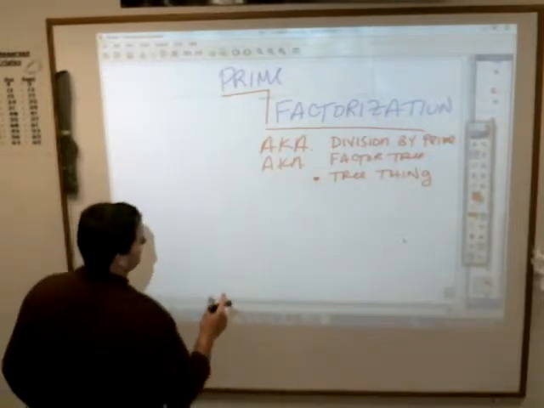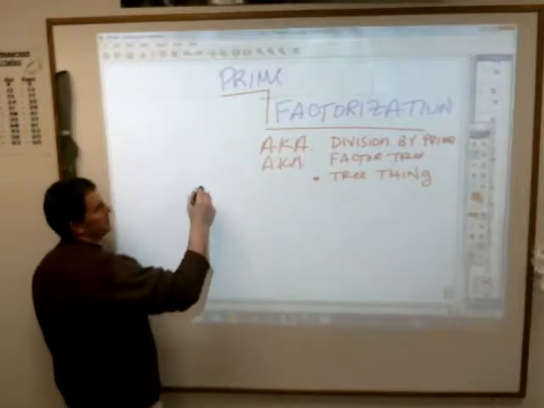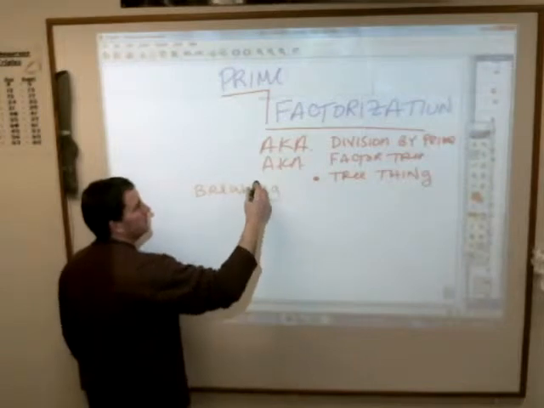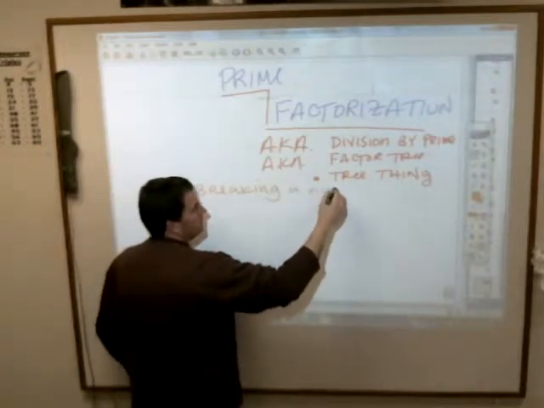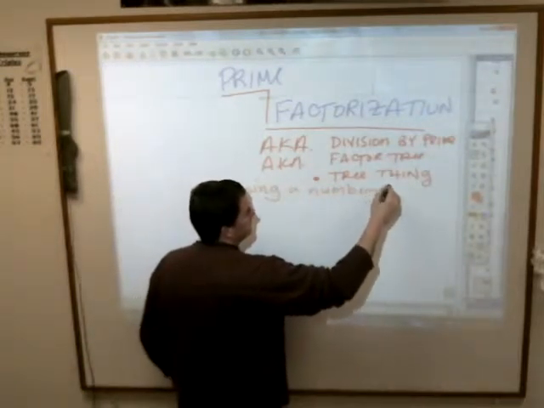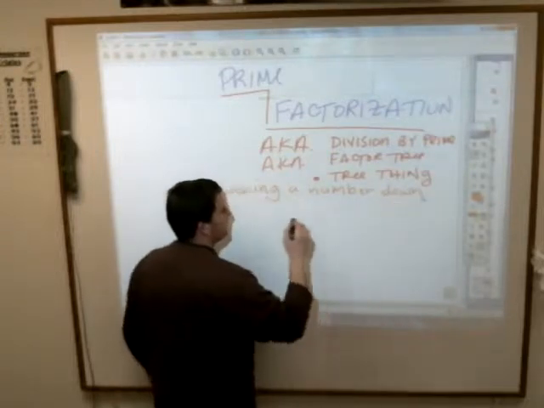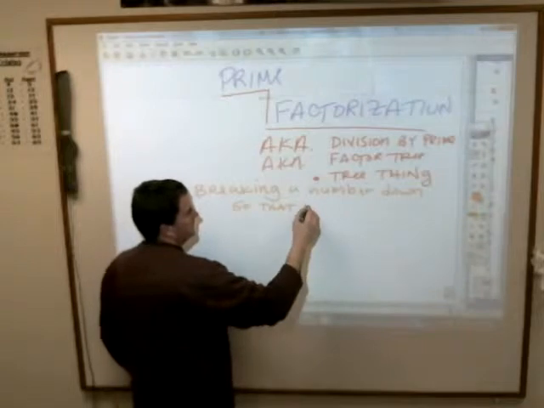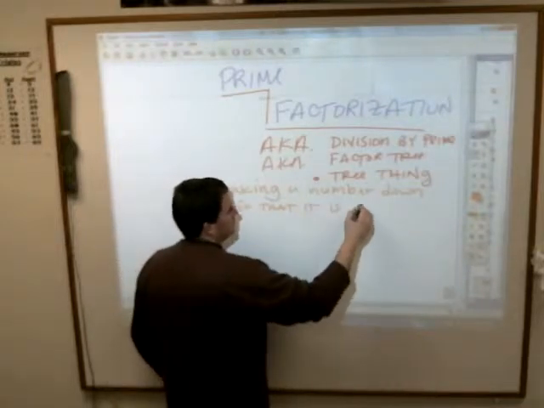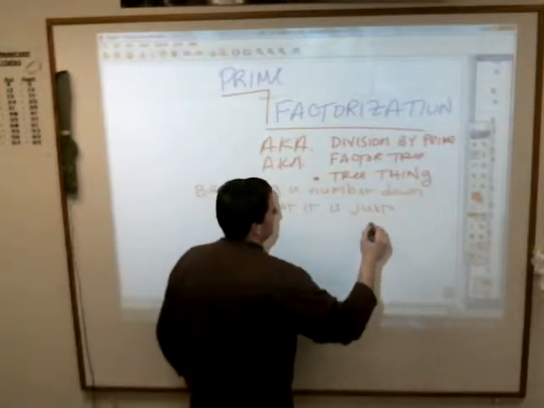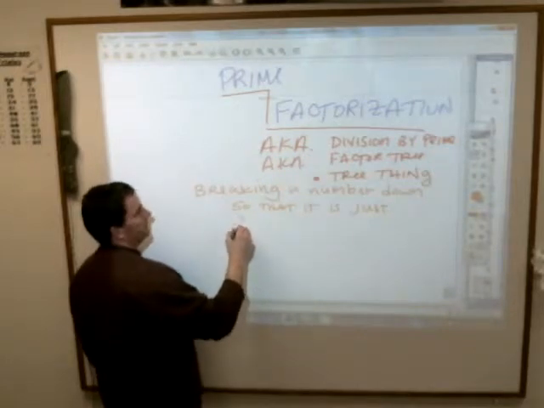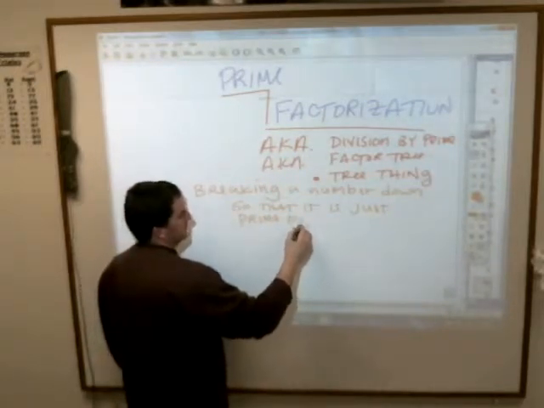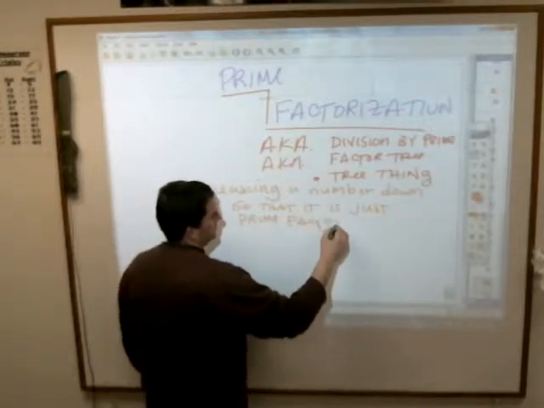Okay, what prime factorization is, write this down, it is breaking a number down so that it is just prime factors, which will mean nothing to you until you do one or two here.